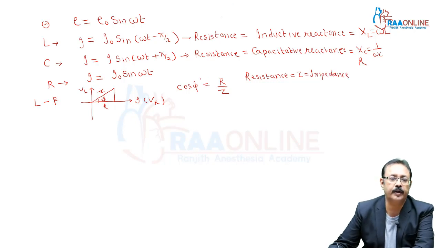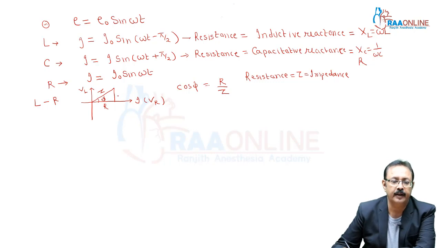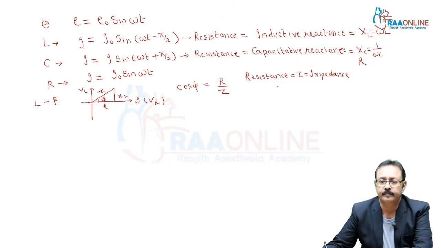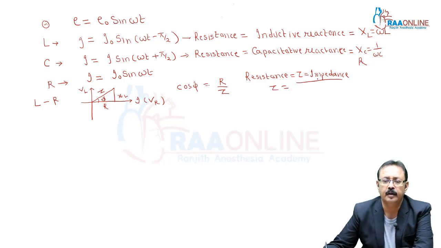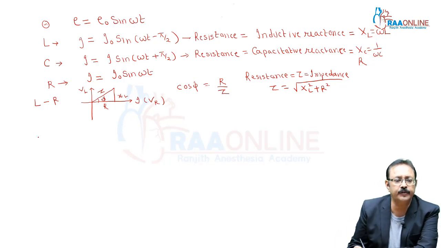By Pythagoras, you can calculate Z. It is XL. So Z is equal to under root XL square plus R square.